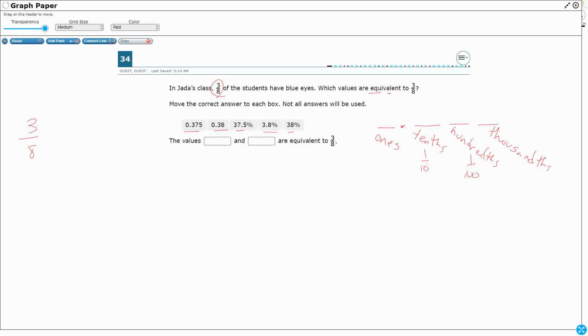I'll write that as 1 over 1,000. So my question is, can I generate an equivalent fraction in which I can find a denominator of 10, 100, or 1,000? Because if I can get my denominator to change into 10, 100, or 1,000, I've got my place value right here, and I can put it in one of these spots.